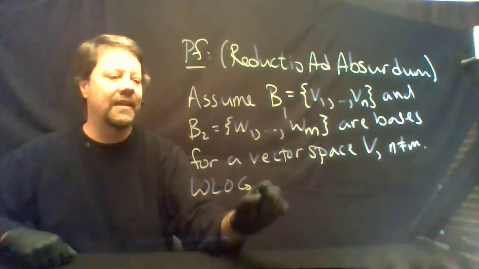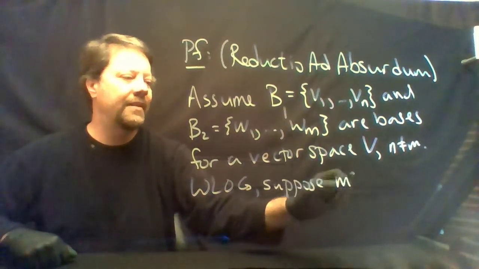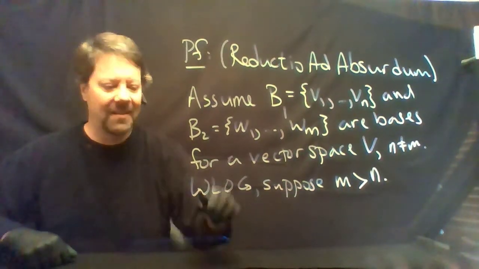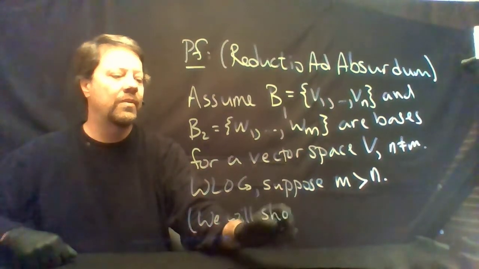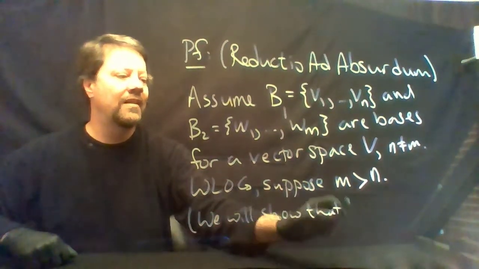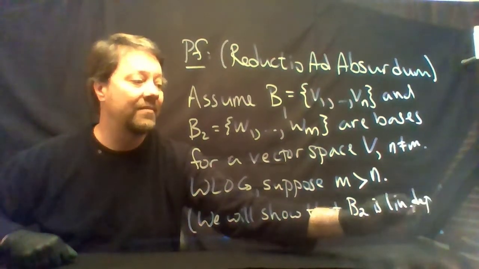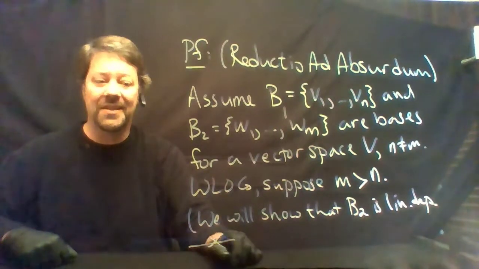Without loss of generality, we're going to suppose that m is strictly larger than n. We will show that B2 is linearly dependent, contradicting that it is a basis.